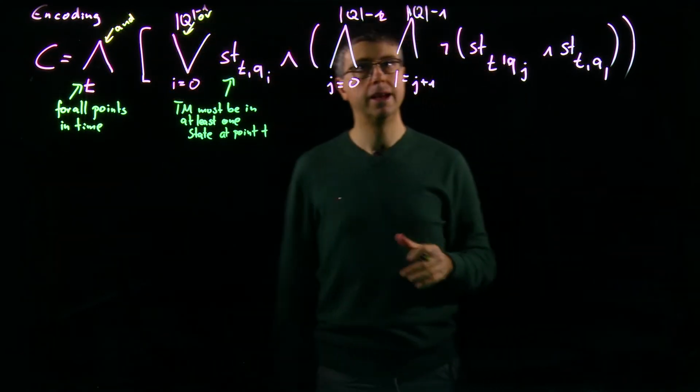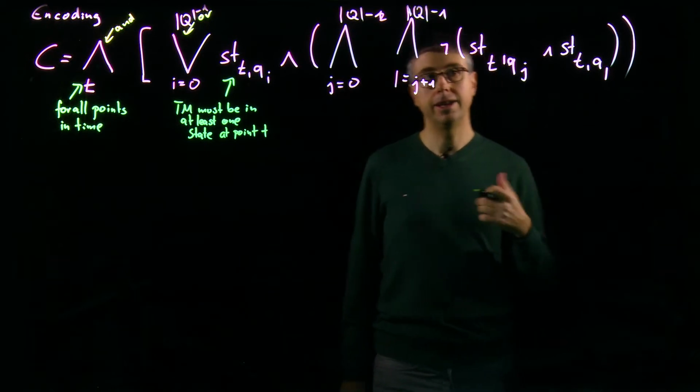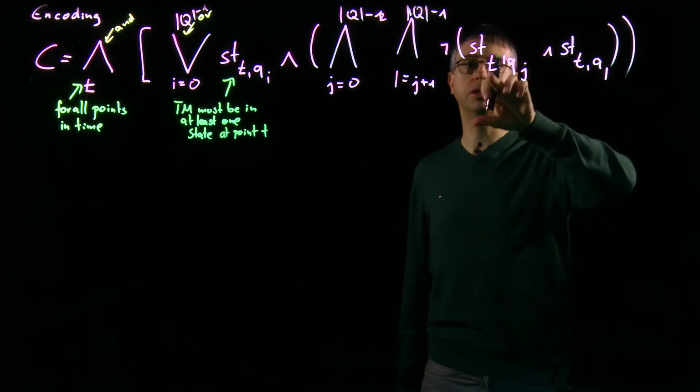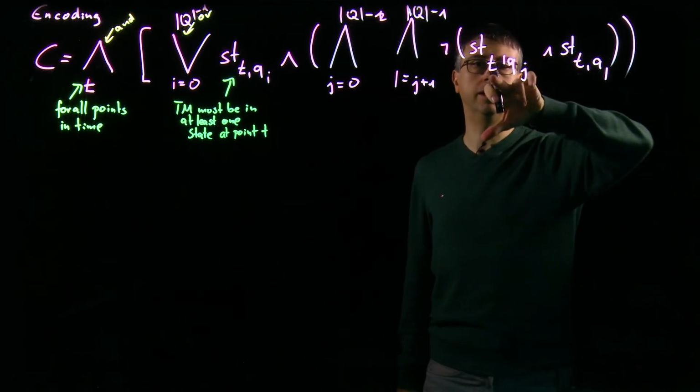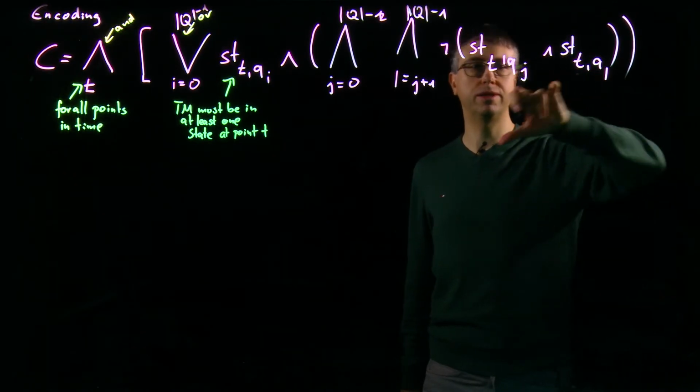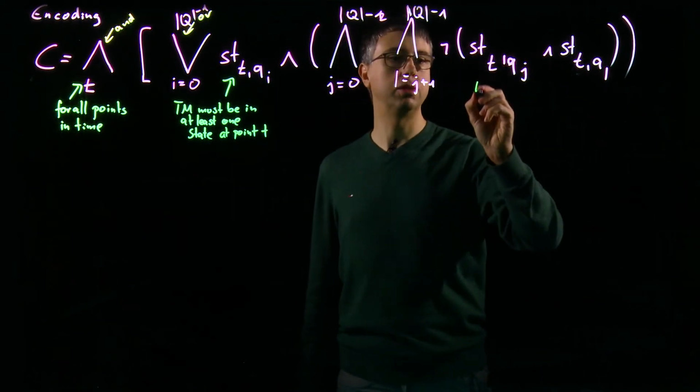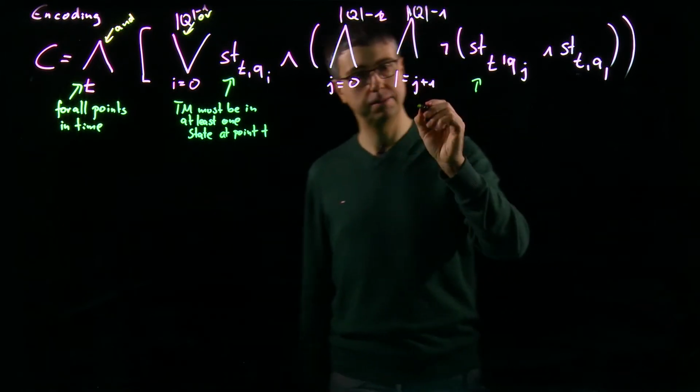And this one here means that there's at most one state for which it is true. It's impossible to have for the same point in time t two different states that the Turing machine is in. So this means Turing machine cannot be in two states at once.